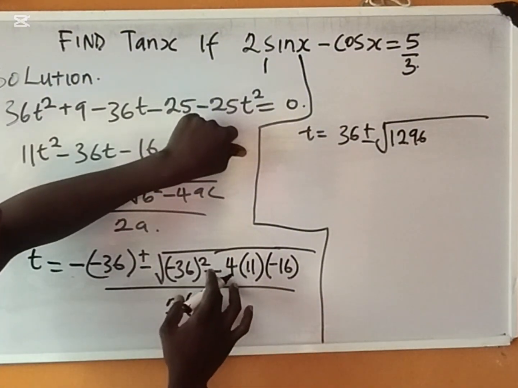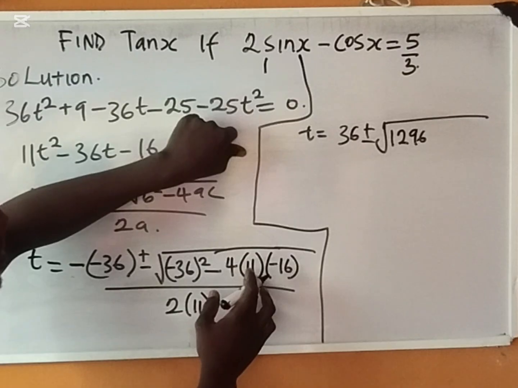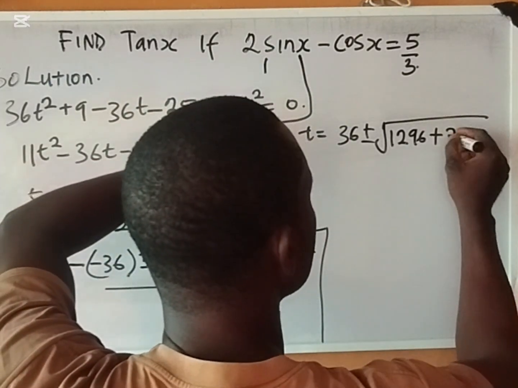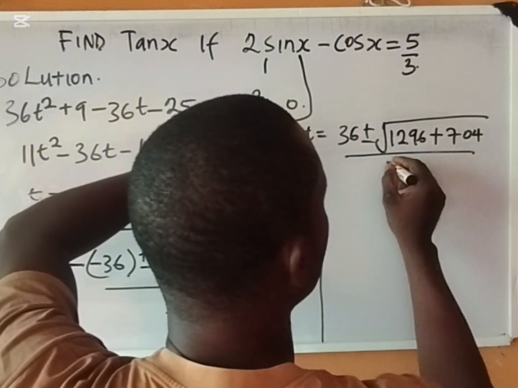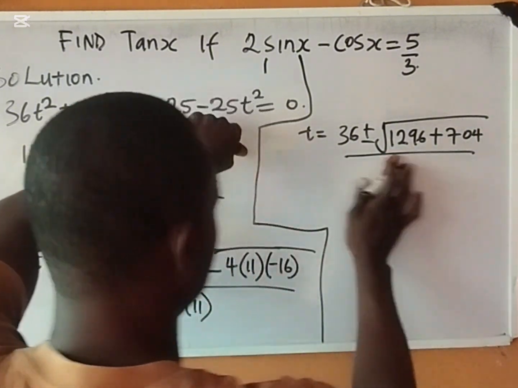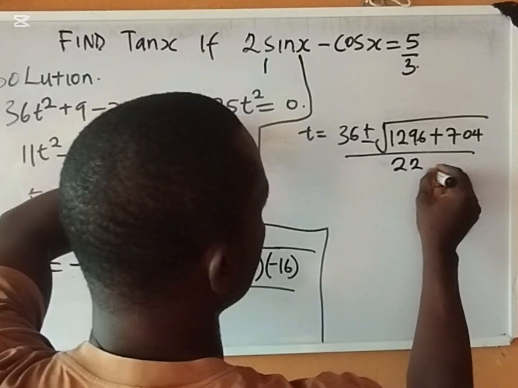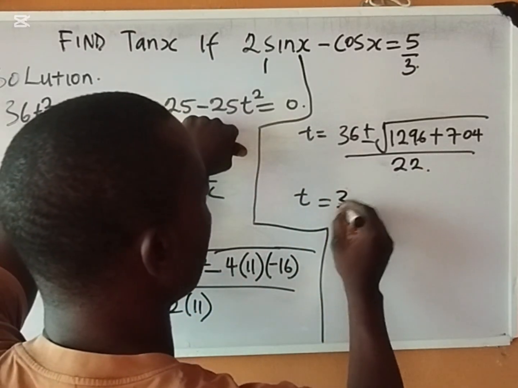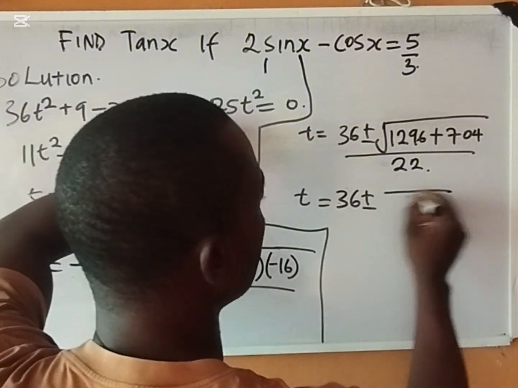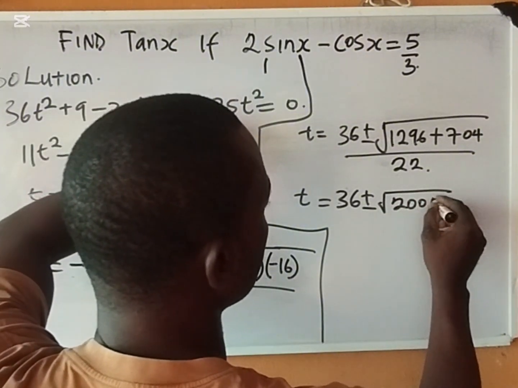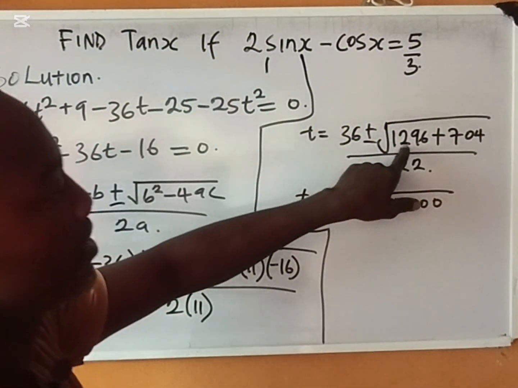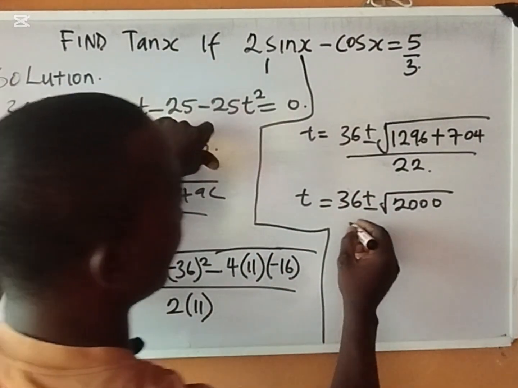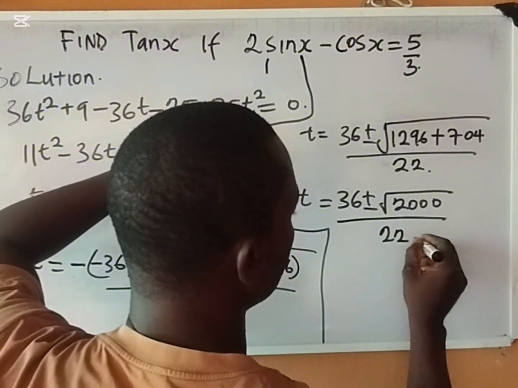When you multiply minus 4 times 11 times minus 16, you're going to get plus 704, divided by 2 times 11 is 22. t will be equal to 36 plus or minus root of 2000, because when you add 1296 to 704, you're going to get 2000. And this will be divided by 22.